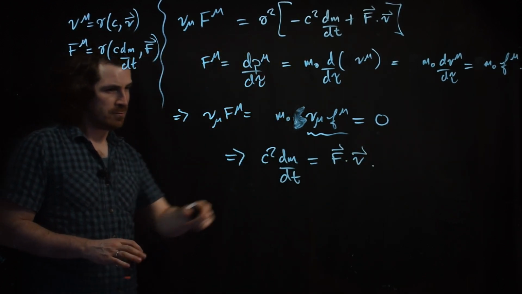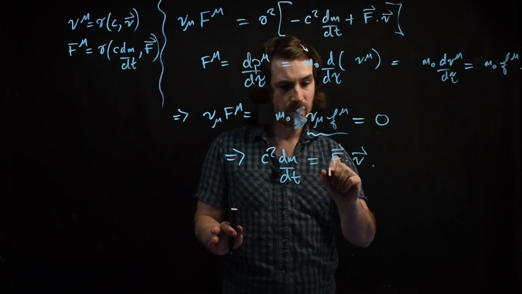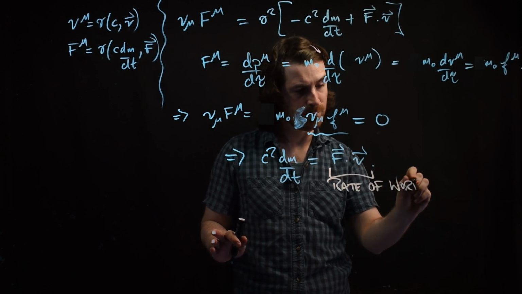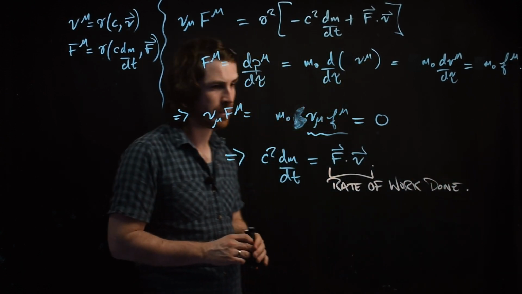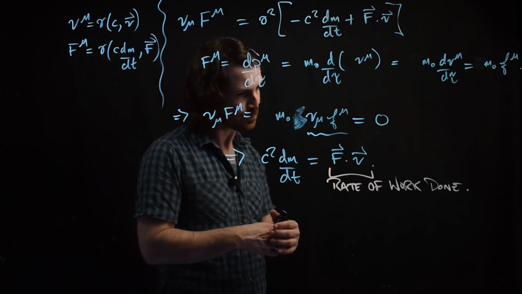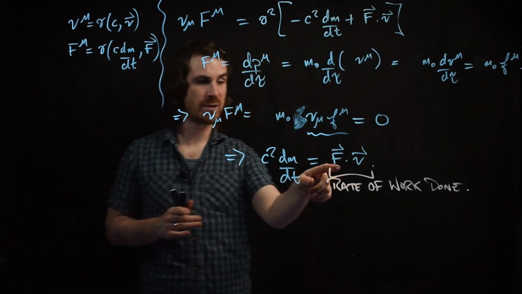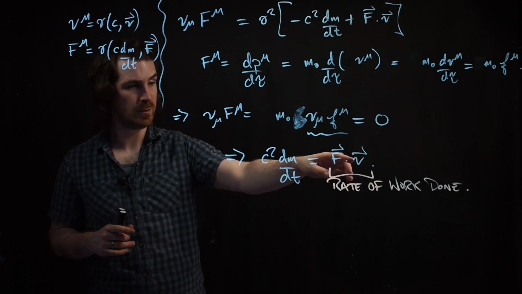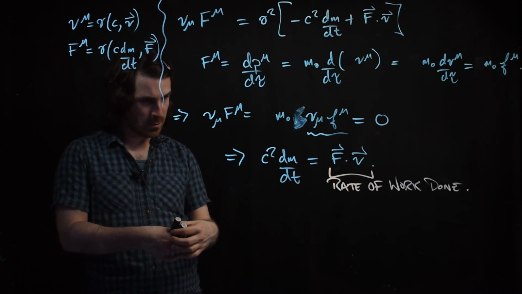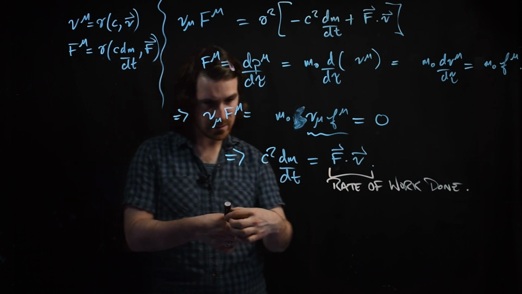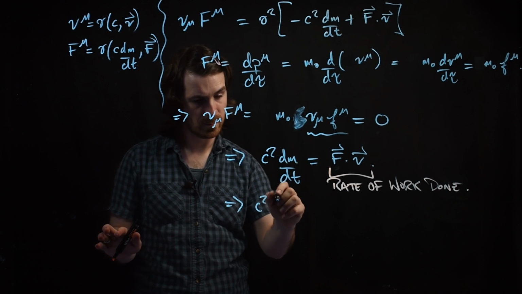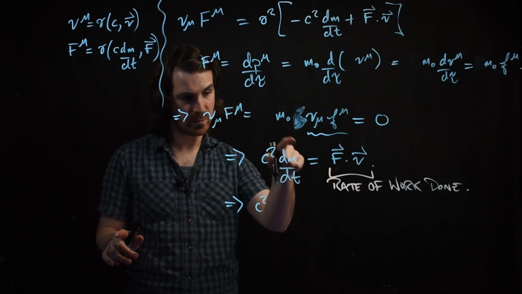Now f dot v, this is the rate of work done on the particle. So it's the power, it's the rate of change of energy done by a force F acting on the particle with instantaneous velocity v. So we can integrate this with respect to time.